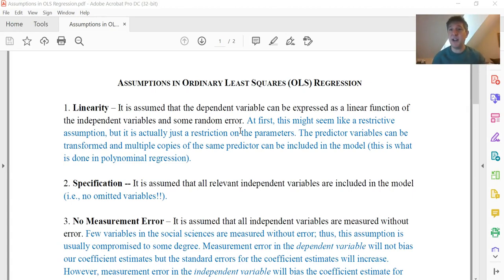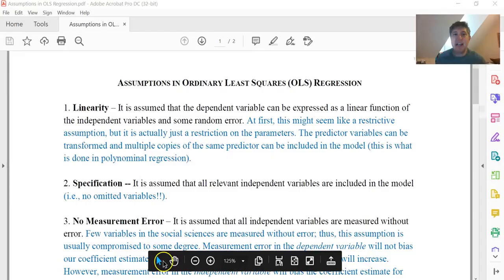The predictor variables themselves can actually be transformed. We can take a log transformation of a predictor variable. We can include multiple copies of a predictor variable, like including the predictor in a squared term to assess a quadratic relationship, and this is typically what is done in polynomial regression.